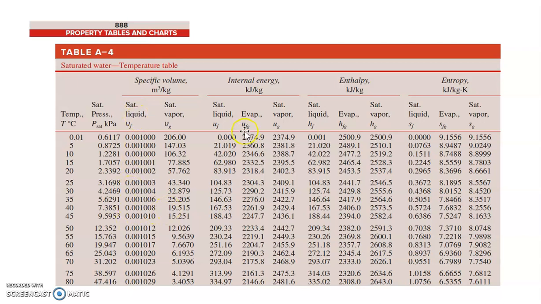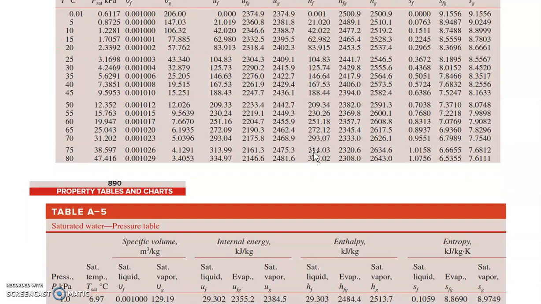This is the internal energy for saturated liquid, internal energy for saturated vapor. This is just ug minus uf. And this is enthalpy, lowercase h. We will use this much in our thermodynamics analysis of closed and open systems later.